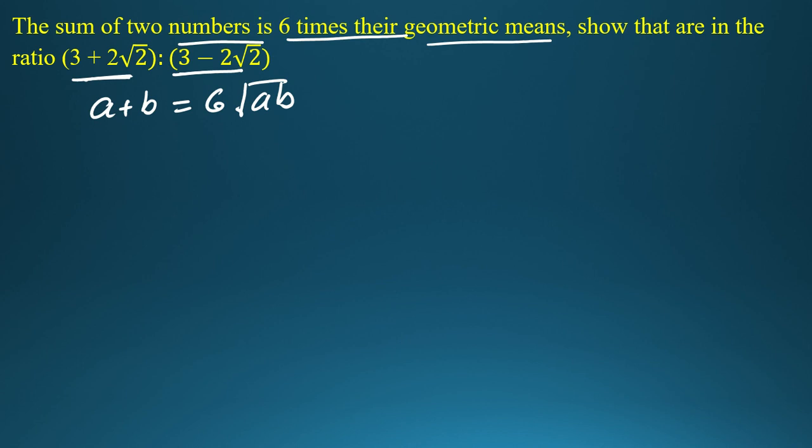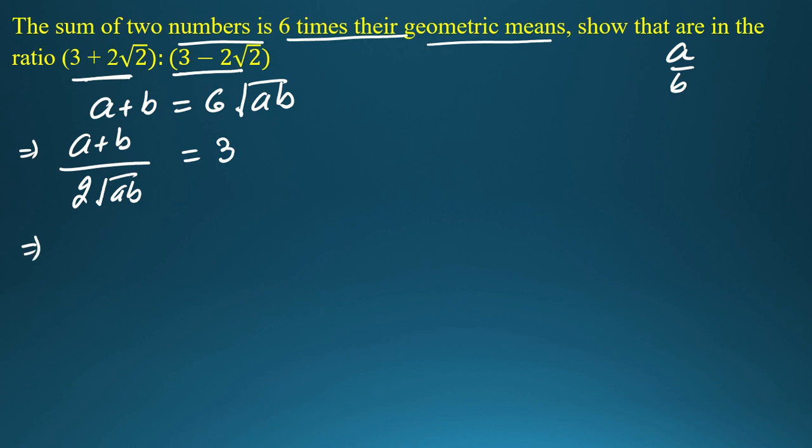So we will try to find the value of a upon b directly. So how can we find this thing? See, a plus b can be written as 2 root ab is equal to 3. It is just a rearrangement of the numbers. Now apply componendo and dividendo. If you forgot, then I will write it for you here.